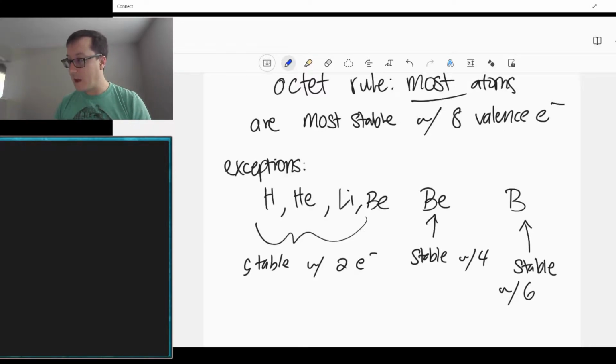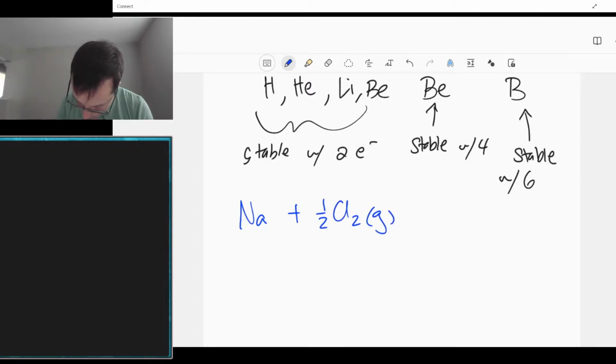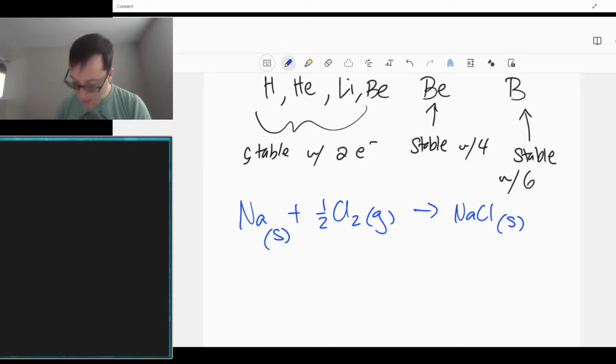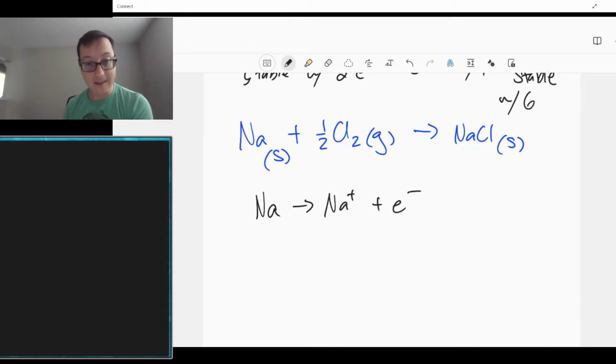And so when we see ionic bonds being formed, if we take that sodium and want to see a reaction for what's happening here, we know that sodium is becoming sodium ion, and it's losing an electron.